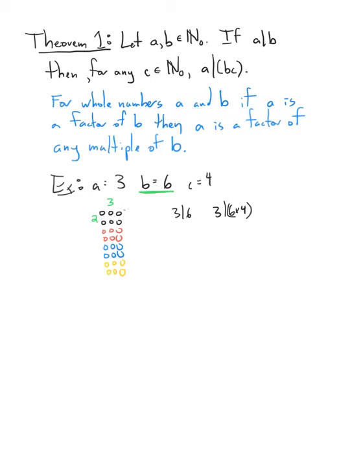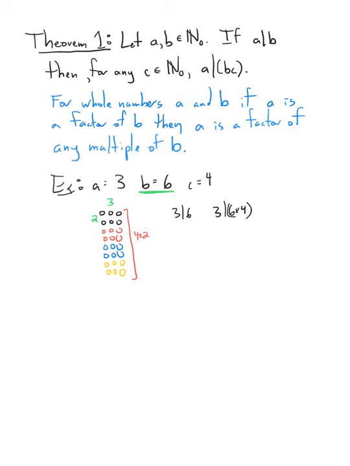So now we have 8 rows here. And we still have this 3 as our horizontal dimension. So that's what's going on here. So all we're saying is you can glom on extra copies of 6, and you can still, of course, write that number as 3 times some other number.